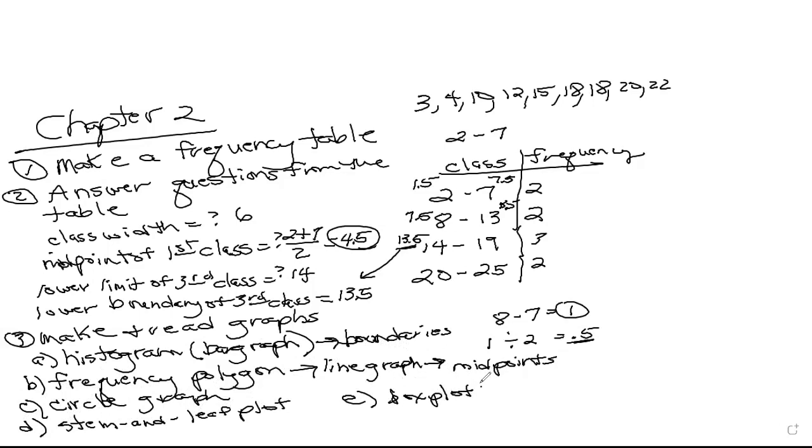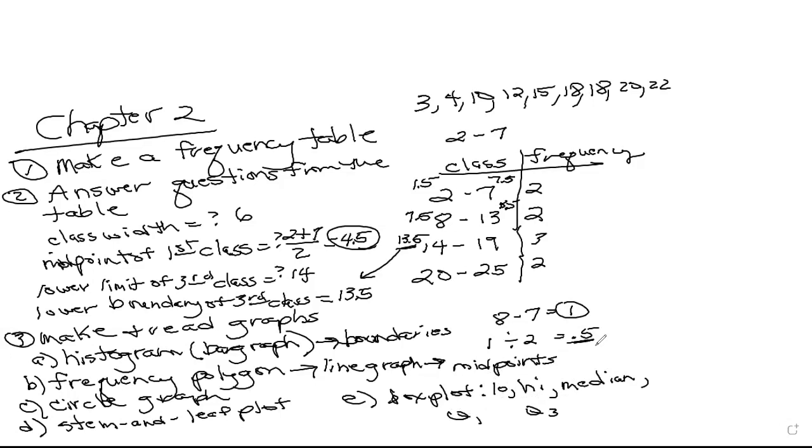And remember, on the box plot, you have to have 5 particular numbers. You have to have the lowest number, the highest number, the middle number, and then you have to have Q1, and you have to have Q3. Okay. So that's the 5 different kinds of graphs that you've got to be able to make and read for your test.